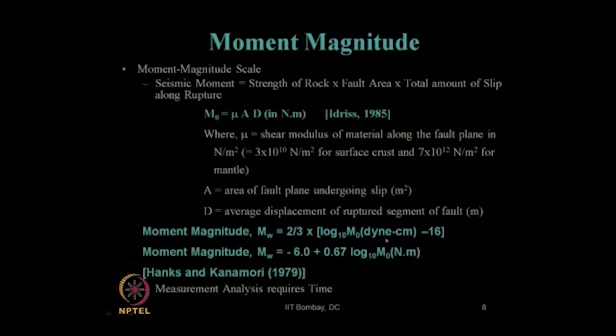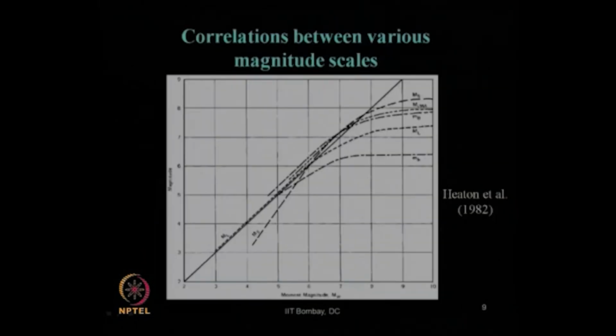In this equation, M naught has to be in dyne centimeter unit, whereas in this equation M naught has to be in newton meter unit. But as we can see, this estimation, though it is accurate, requires time to analyze because of the proper estimation of the A parameter, D parameter, etc., to estimate the seismic moment and hence the moment magnitude.